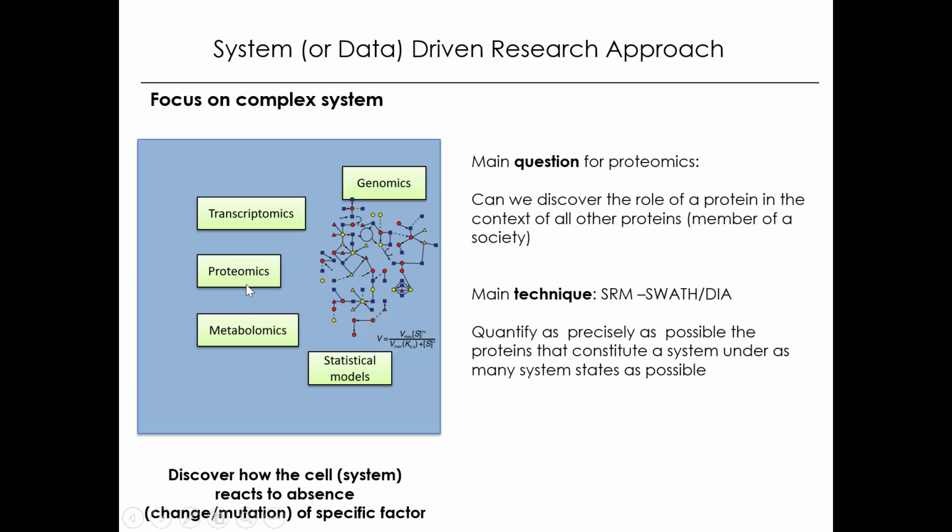So the question we're trying to answer here, and I think this is where these DIA techniques are best positioned, is to do serial measurements on related but different samples, and then ask how does the cell or some other biological system react to an insult, for instance a mutation, a gene deletion, or also an environmental impact.